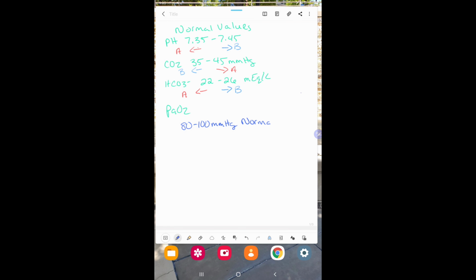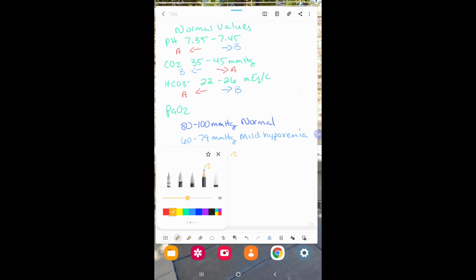This is normal. And then you're going to have 60 to 79, and this is considered mild hypoxemia.